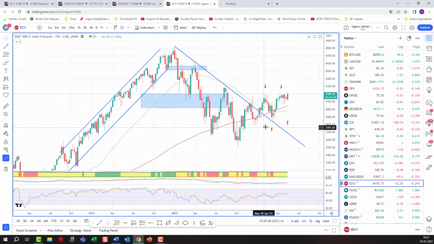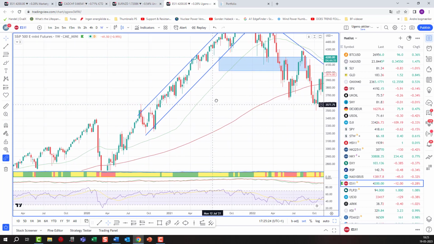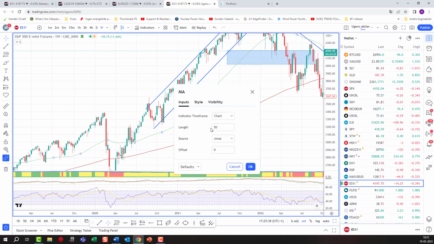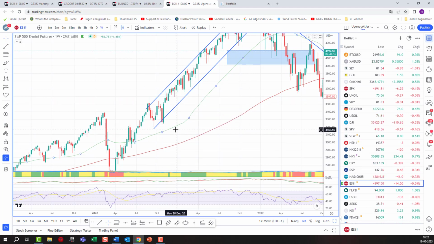Now, what am I looking for then? You can do a ton of different things. Many people are looking at moving averages, meaning that they might be looking for these swings, but if they're looking for bullish swings, they are only looking at it, for instance, when the weekly S&P 500 here is above, could be, a 50-week moving average. That's about a year, that's close to the 200-day moving average.